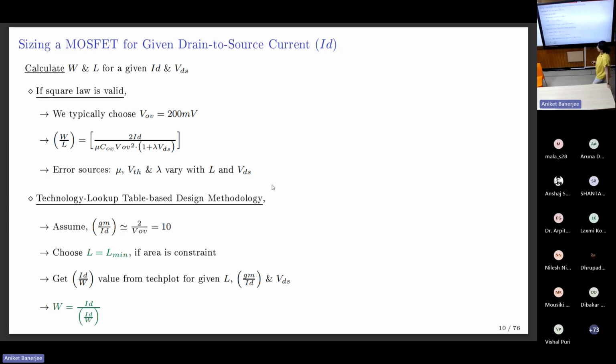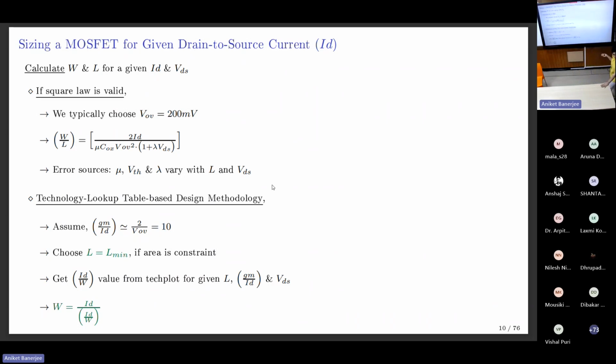So what do we do? Now we are moving towards a different methodology. We start with gm/ID of 10. So we are slowly walking the process. We are used to VOV of 200 millivolts, ballpark gm/ID of 10. But this relation is square law dependent. You just think about gm/ID of 10 as our first step, for example.